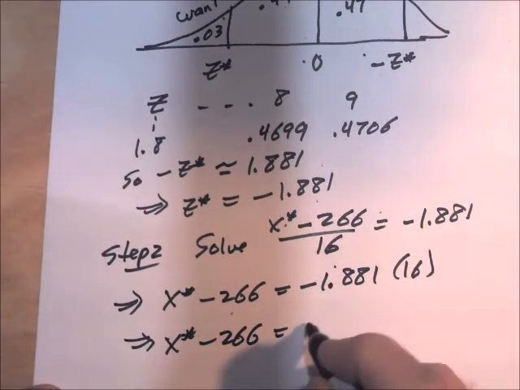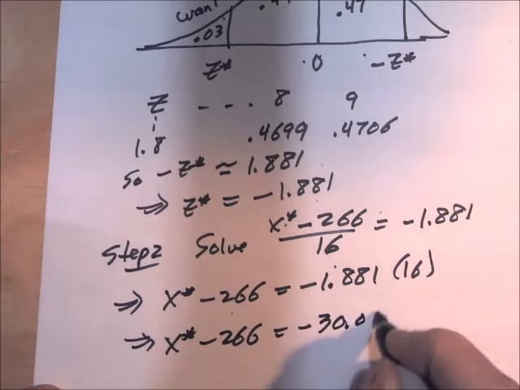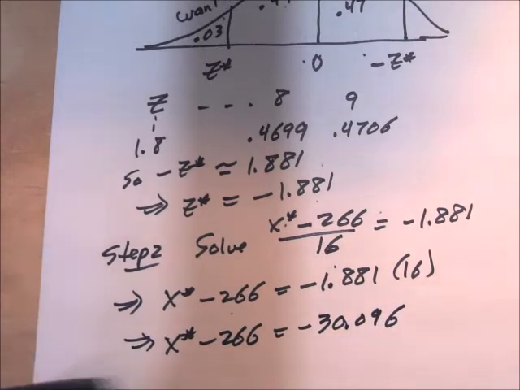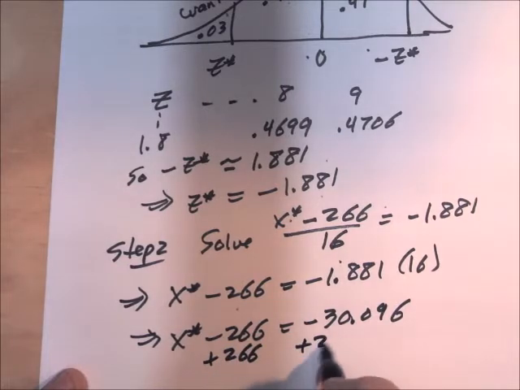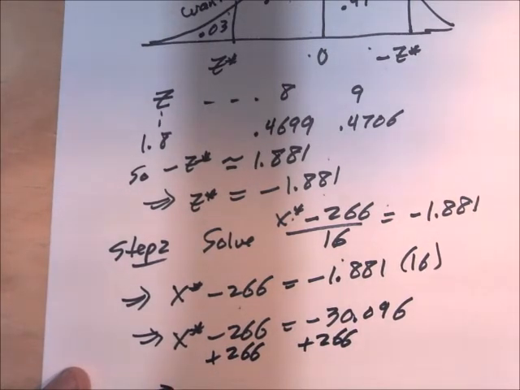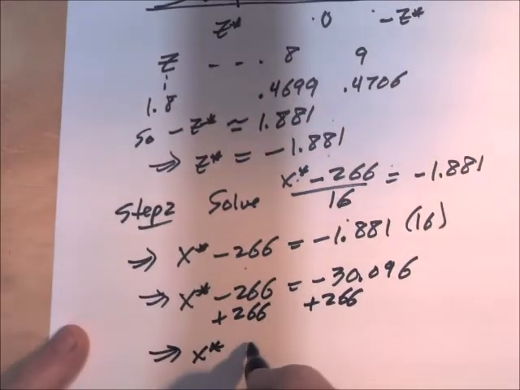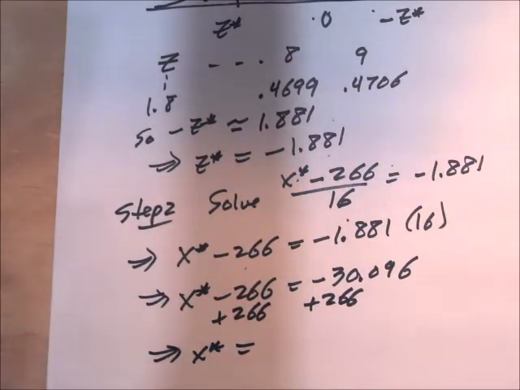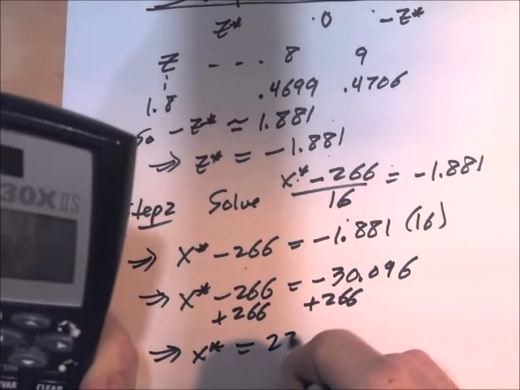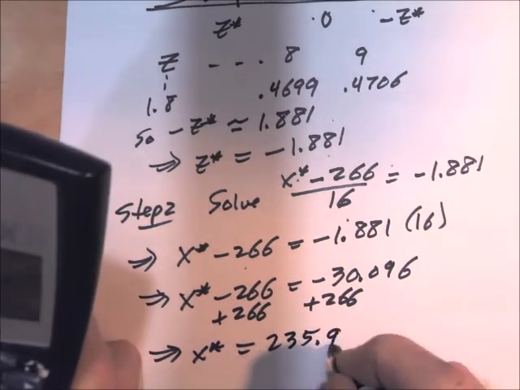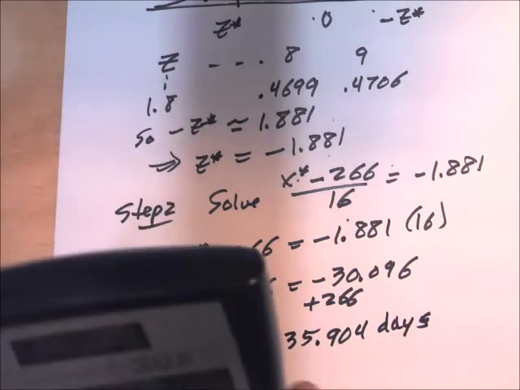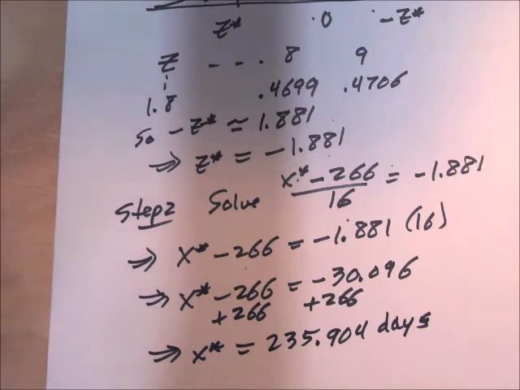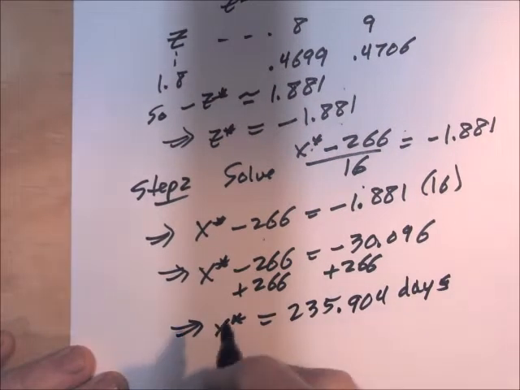It'll be negative 30.096, and then add 266 to both sides, and we get x star is equal to 235.904 days. So the shortest 3% of pregnancies last less than 235.904 days.